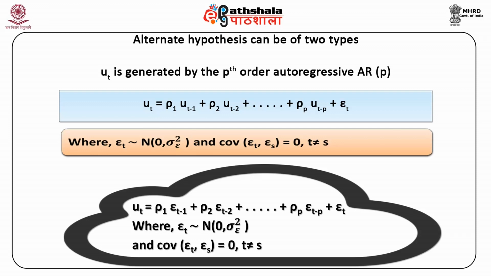UT is equal to rho 1 epsilon t minus 1 plus rho 2 epsilon t minus 2 plus, and so on, up to plus rho p epsilon t minus p plus epsilon t, where epsilon t again is distributed normally with mean 0 and variance sigma epsilon square, and covariance between epsilon t and epsilon s is again equal to 0 for t not equal to s.